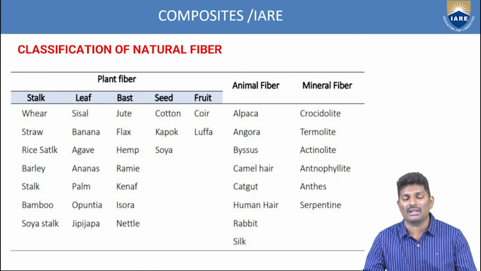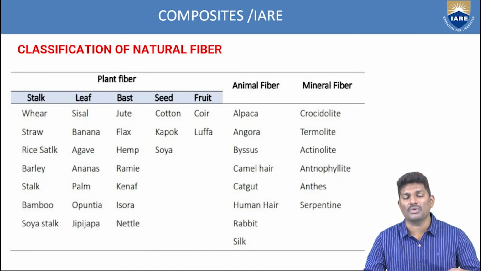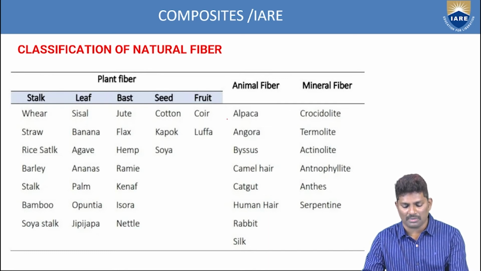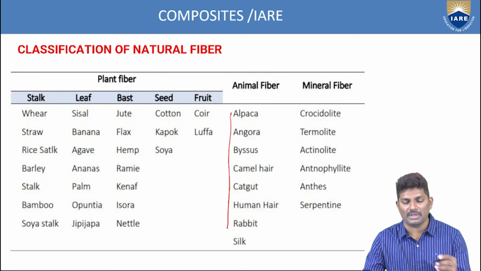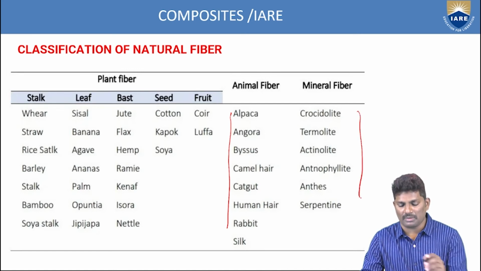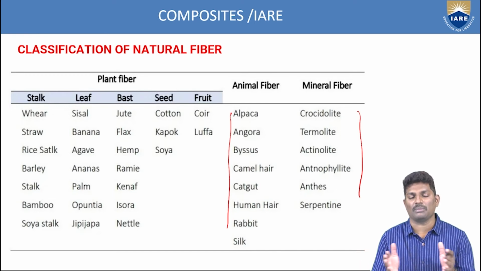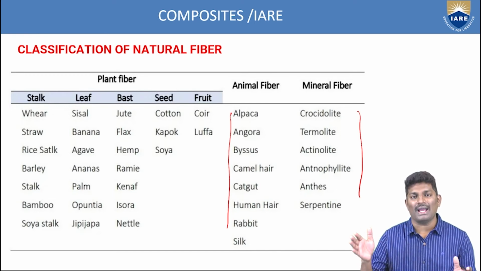From these naturally available polymers, we try to generate new composite materials for applications. Similarly, from the animal sector we can get different types of fibers available naturally, and there are also mineral fibers. All these have been classified based upon your end applications.